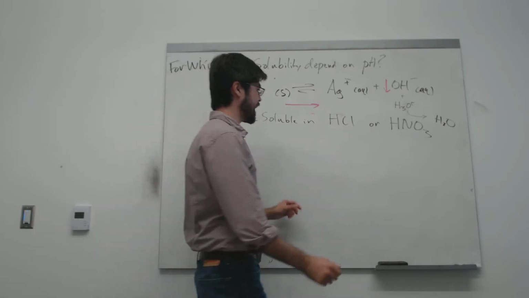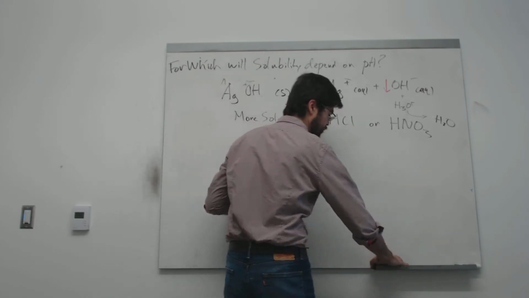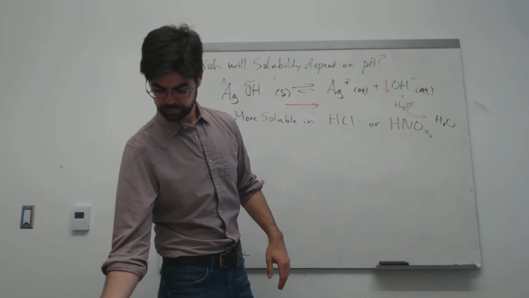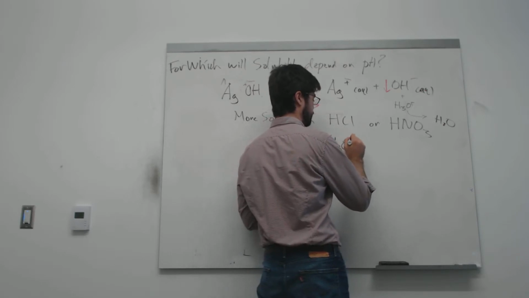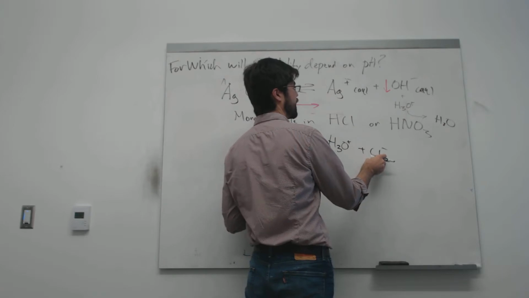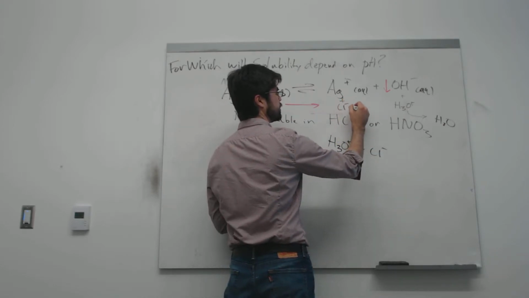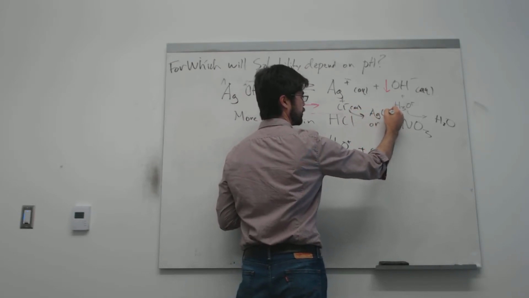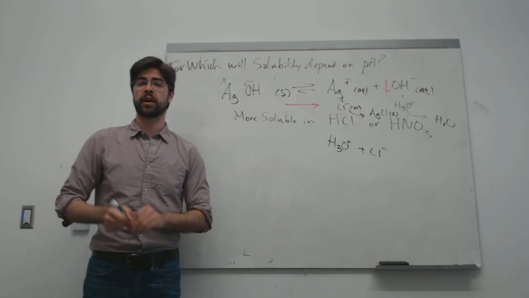And why is that? The reason for that is, okay, hydrochloric acid exists as hydronium and chloride ions, and chloride ions will tend to react with silver ions and produce silver chloride as a solid, because silver chloride is an insoluble compound.